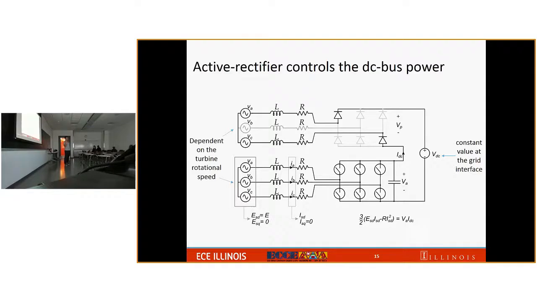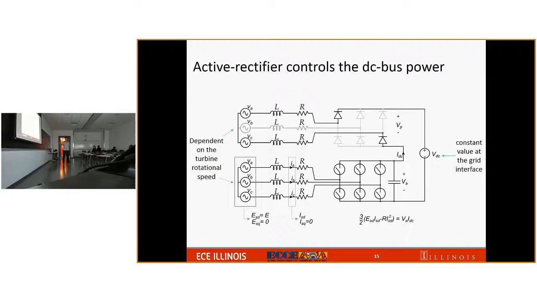And we look at what control knob we have for the active rectifier. That is the D-axis current on the AC side. If you look at the power balance equation down here, the left-hand side is the amount of power going out of the AC side, and the right-hand side is the amount of power going into the DC side. If you look at this condition, VA, as I argued before, is almost constant, and ESD is almost constant, dependent on the rotational speed.